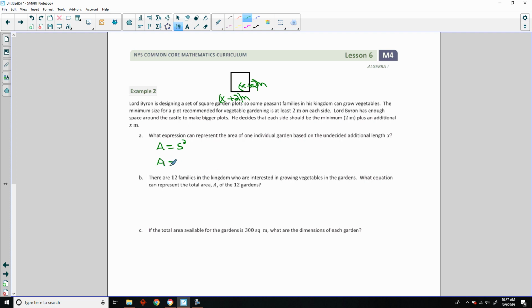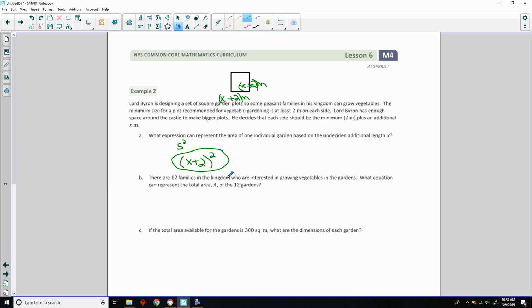Substitute in the givens. Our side length is x plus 2 squared. So there is the expression. What expression can be represented? So since it's an expression, we don't want an equal sign. Okay, there it is, x plus 2 squared.